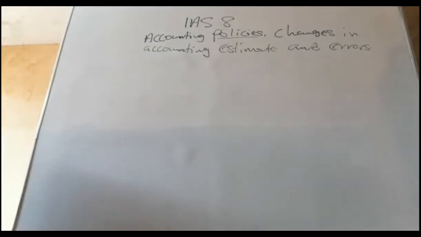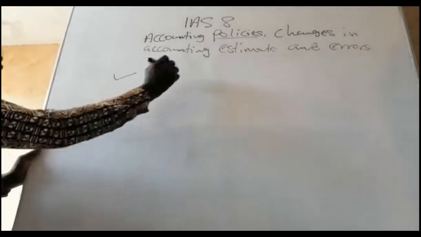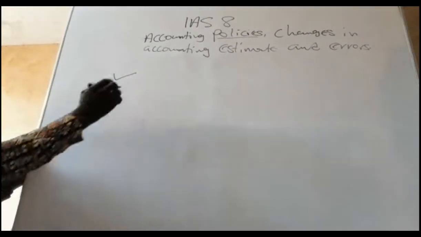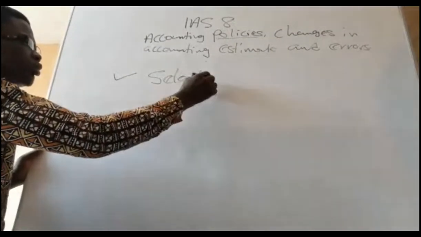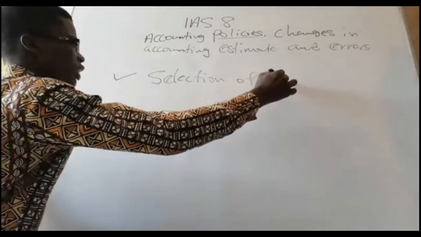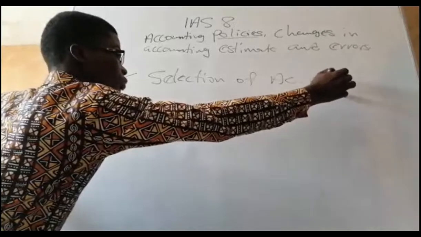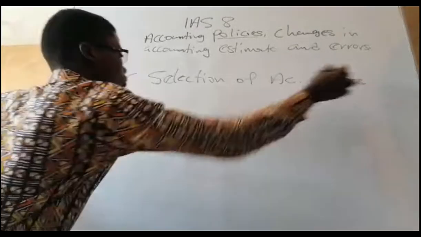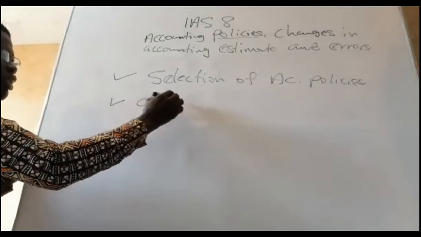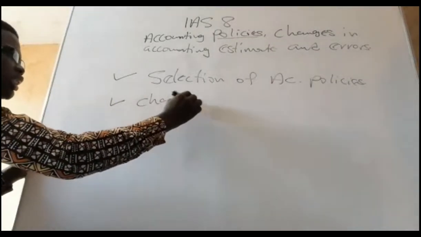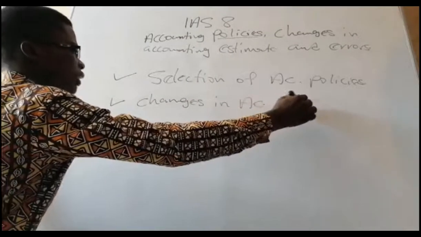First, the standard talks about the selection of accounting policy. That's the first item we are going to look out for. Second aspect, changes in accounting policies.